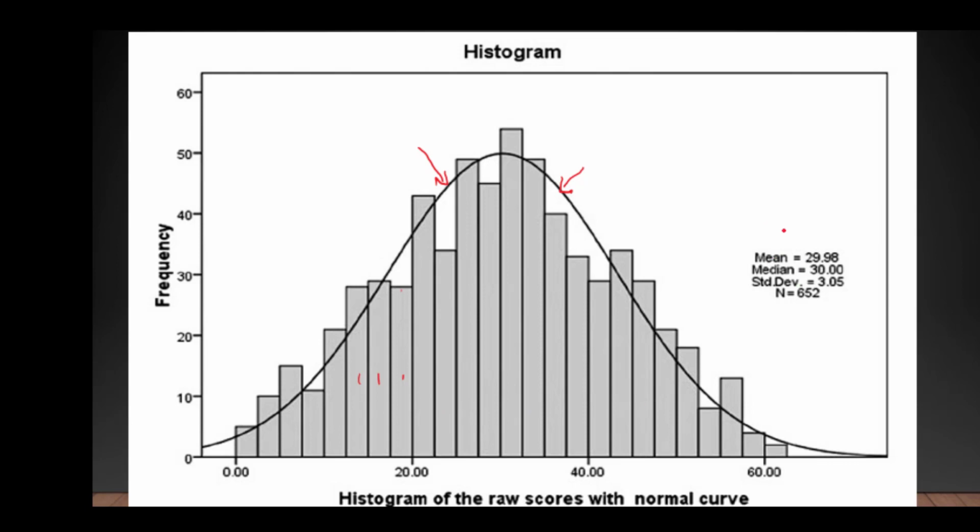Notice this is normal because of this information here. The mean and the median are almost the same, so they're right in the middle. And also you can see that the mode is pretty much the same too. So this is a normal distribution, and this is what we'll be talking about for the rest of this lesson.